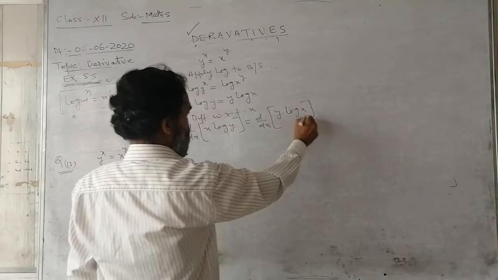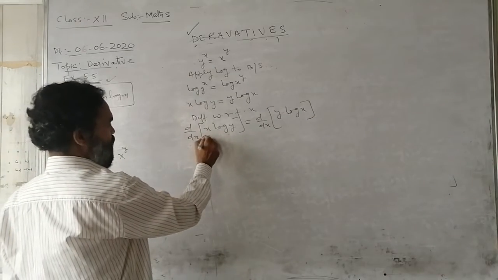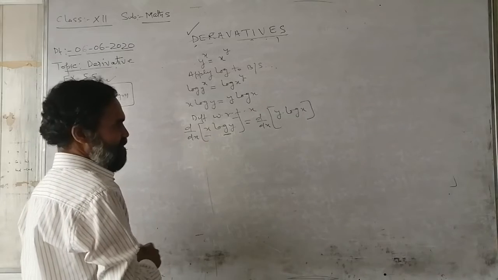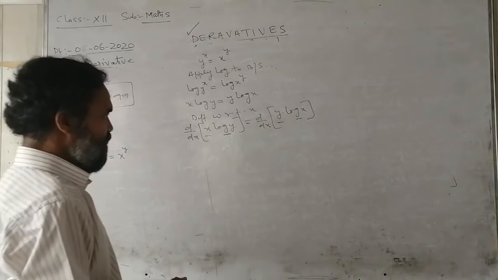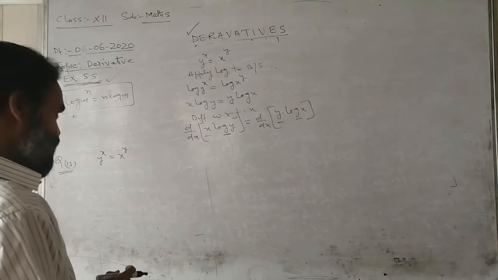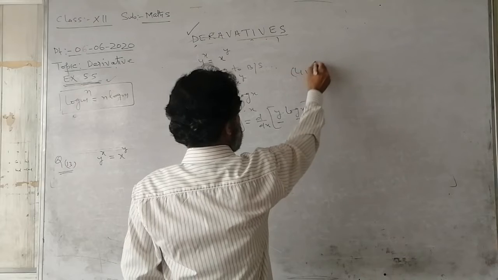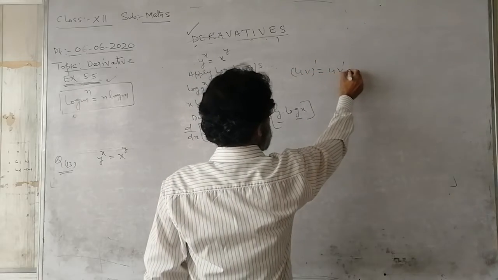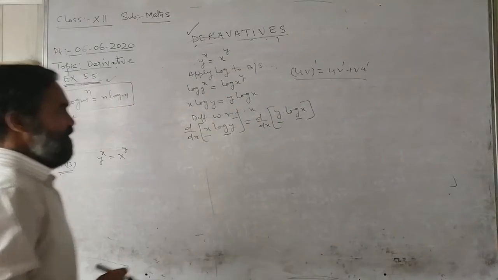So here again the product rule of derivative, the rule which was used in the previous question. So that is uv dash, uv dash, du dash. So these formulas are frequently used.